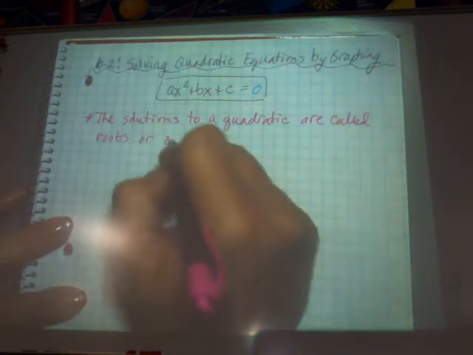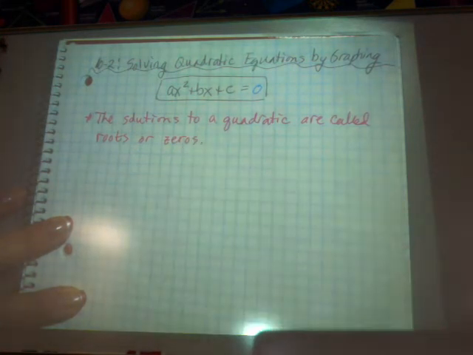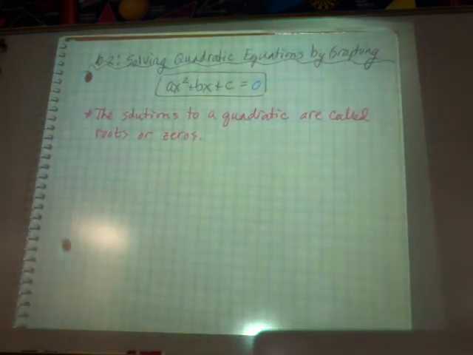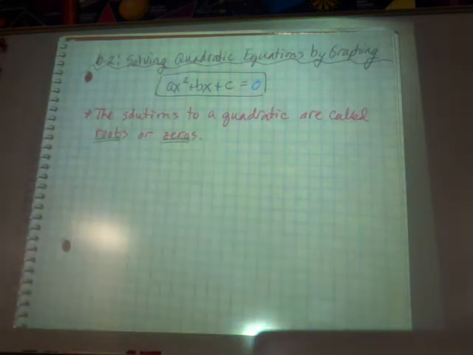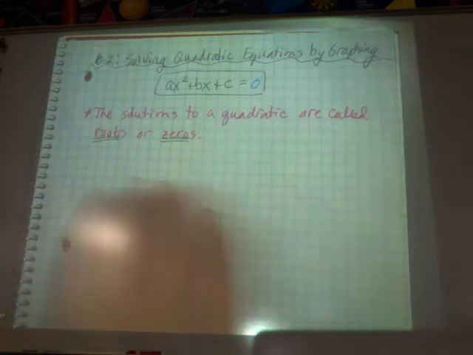Zeros. You have to know both because they're used interchangeably. It depends on who's talking. You'll hear me saying both only because I want you to get used to hearing both of them. All right, so you're going to make two small coordinate grids here.